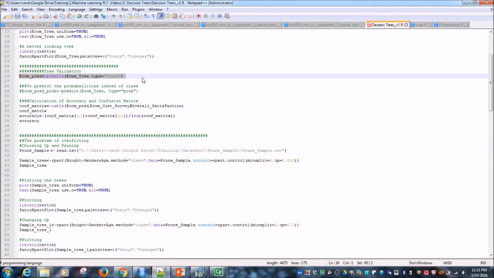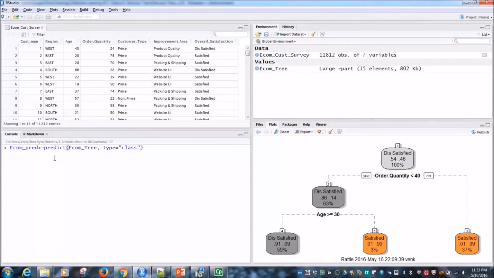So let us do the prediction. We use the predict function to do the prediction. I'm using predict function, predict using e-commerce tree, type equal to class, the output I want it to be class as satisfied or dissatisfied, and I'm storing the predictions in another object.